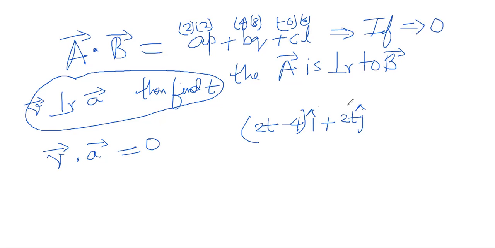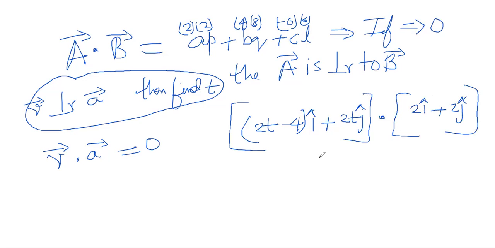Put a big bracket, dot with A bar. What is A bar? A bar is simply the derivative of this again: 2 I cap plus 2 J cap. Now you have to do the dot product and equate it to 0.